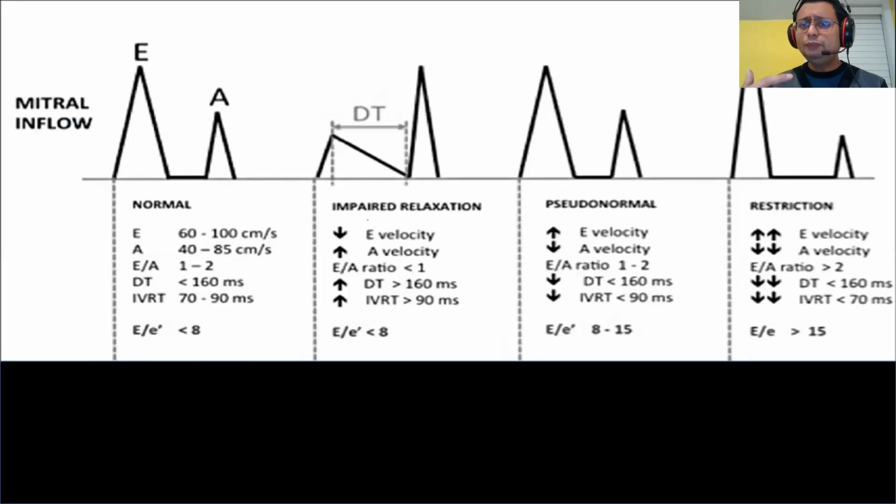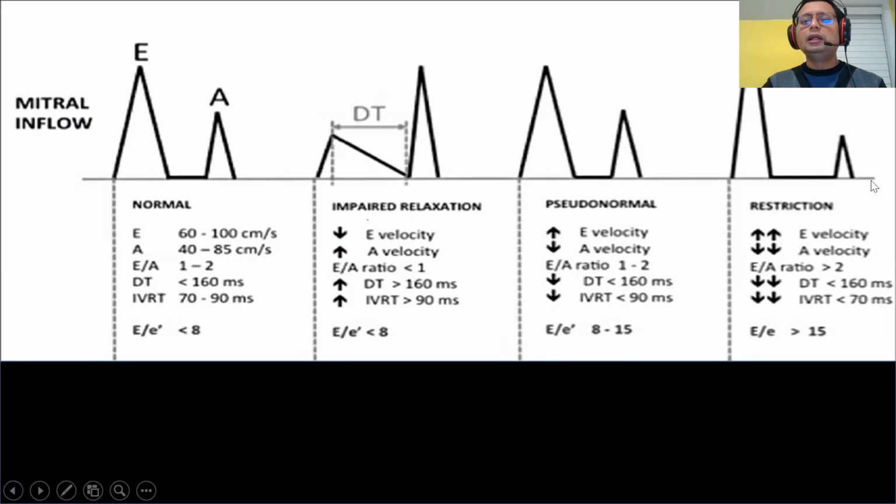So at first, before tissue Doppler, all people had was this left ventricular filling here. This is supposed to be a normal pattern. This is supposed to be impaired relaxation. This is supposed to be pseudo-normal, and this is supposed to be restrictive.